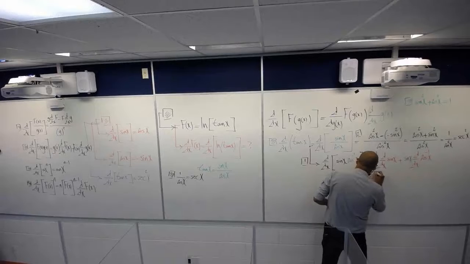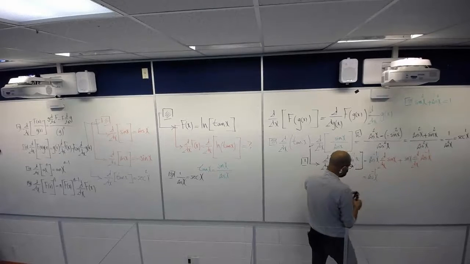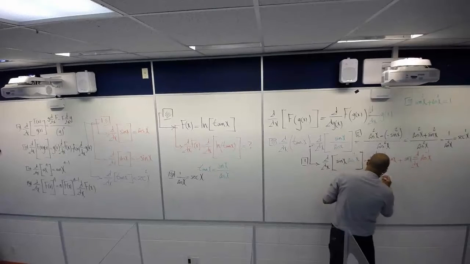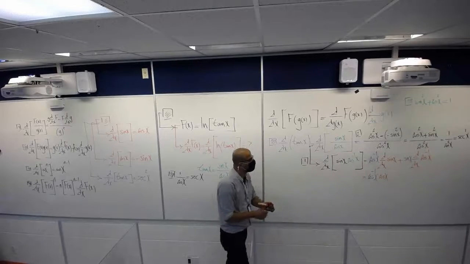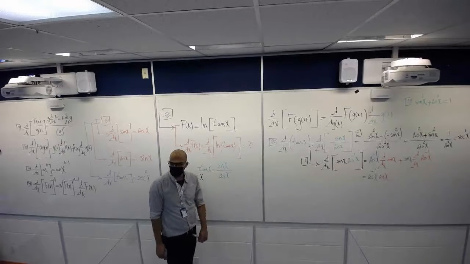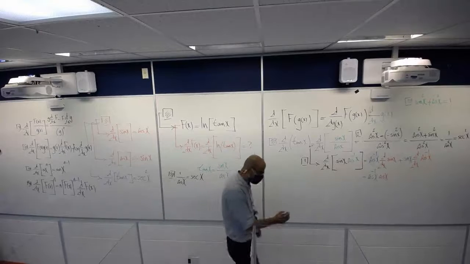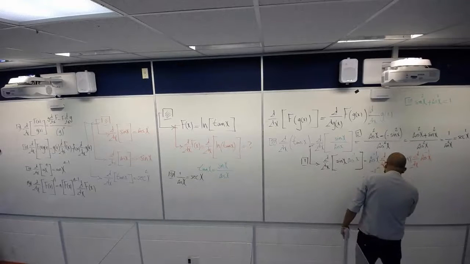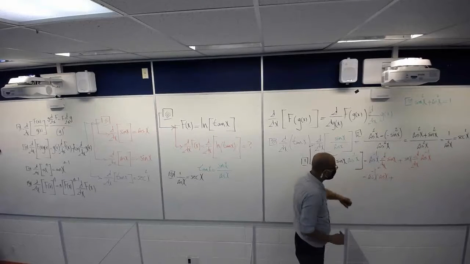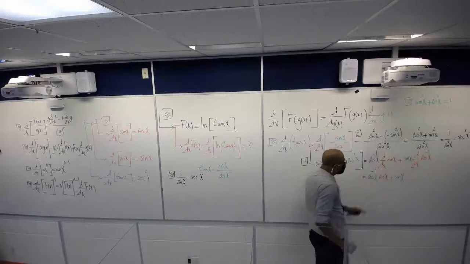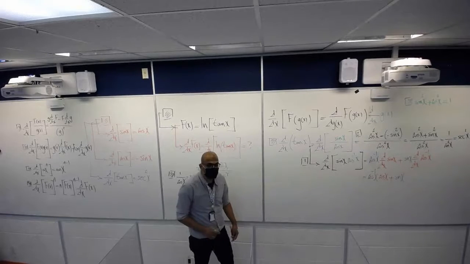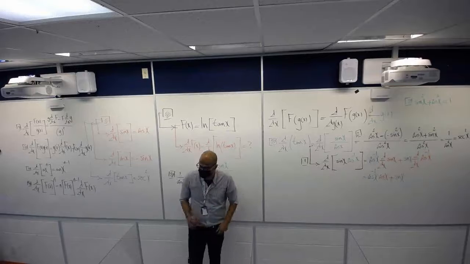It becomes cosine to the power minus 1 of x times cosine of x. So far, so good, everyone? Plus, I have sine x, which is multiplied by the derivative of cosine to the power minus 1 of x.